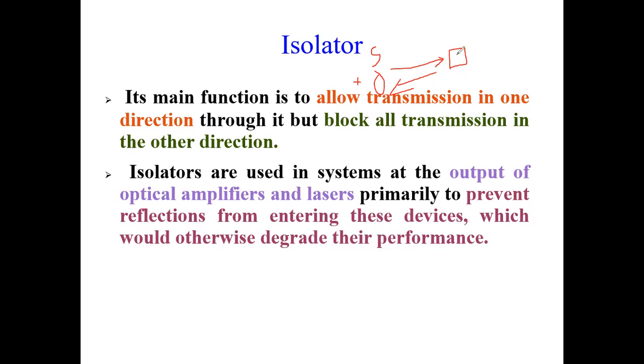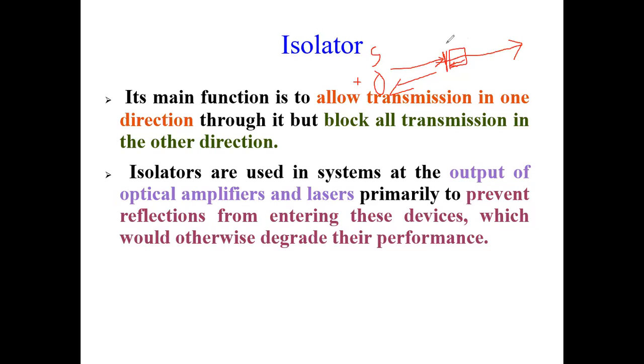So what will the isolator do? It is the light signal enters the isolator and it is passing out. So if by chance any signal is back reflected from this end, the isolator will block this path and it will not allow it to come out of it, so that my source is protected.